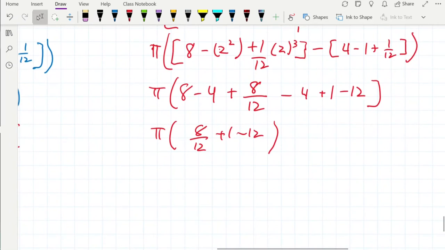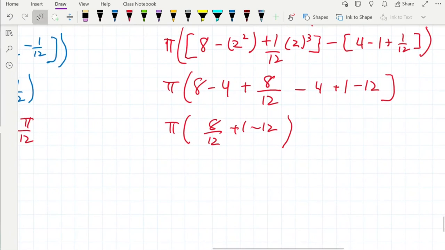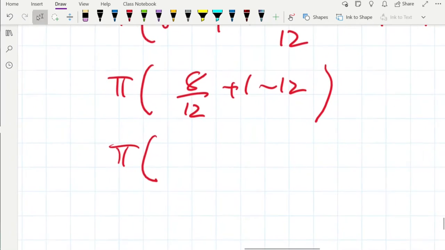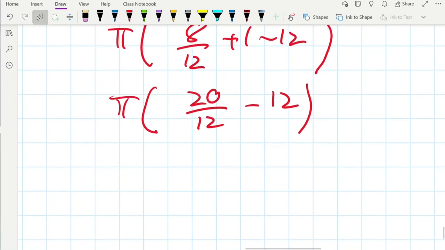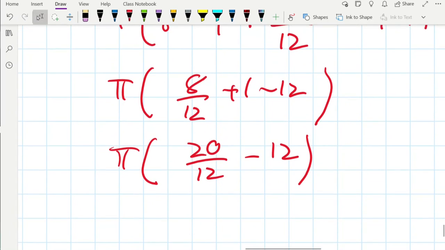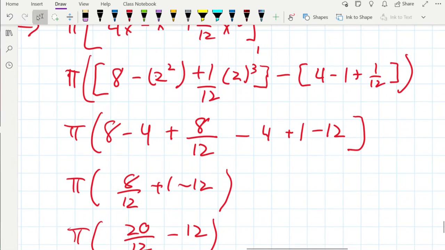Okay. So that'll be pi times, so we're going to add a 12 to the 8, so that'll be 20 over 12 minus 12. Which, I think one of the values is not supposed to be here. Should be 1, yeah, this should be 1 over 12, yep.